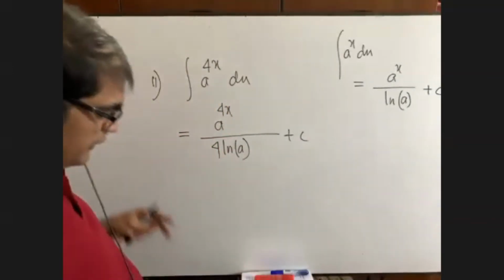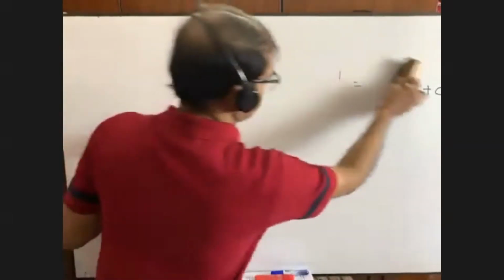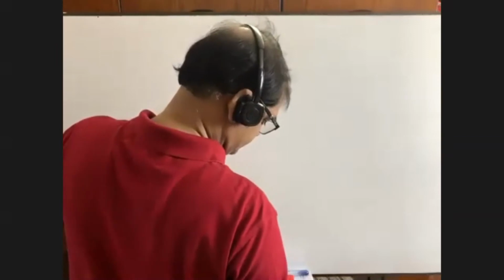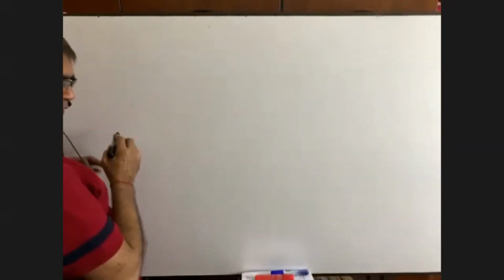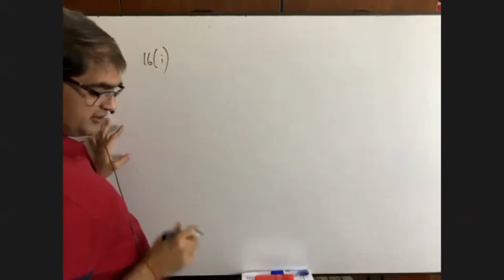Now we are going to maths of new dimension. That is a little bit tricky to do this math. Number 16, 1. And this is the last math of this exercise.